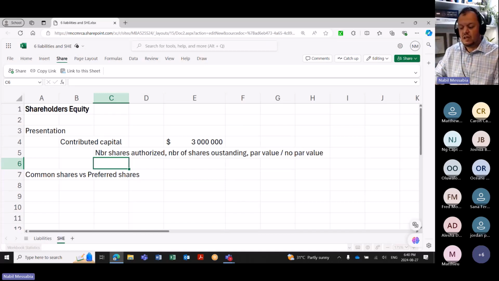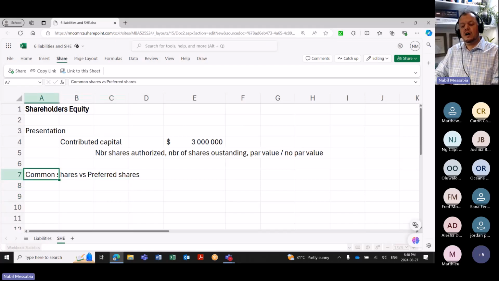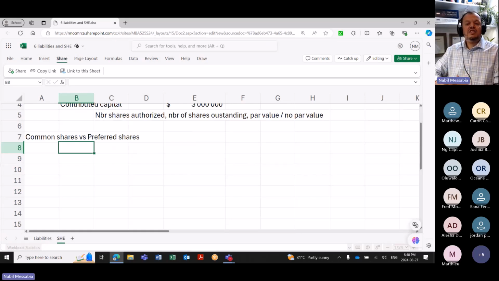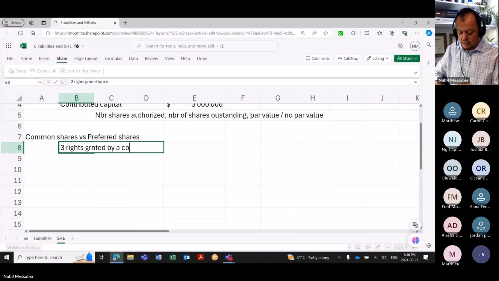So now, a company may issue either common shares or preferred shares. A common share will provide 3 rights. 3 rights granted by the common share.